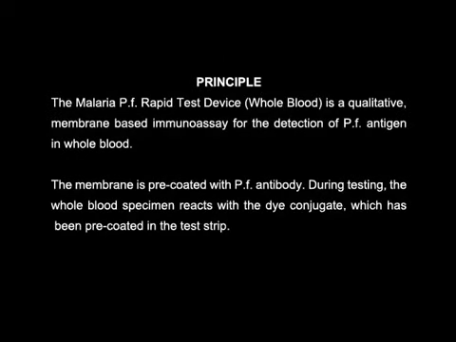Principle. The Malaria Plasmodium falciparum rapid test device, whole blood, is a qualitative membrane-based immunoassay for the detection of Plasmodium falciparum antigen in whole blood. The membrane is pre-coated with Plasmodium falciparum antibody. During testing, the whole blood specimen reacts with the dye conjugate, which has been pre-coated in the test strip.